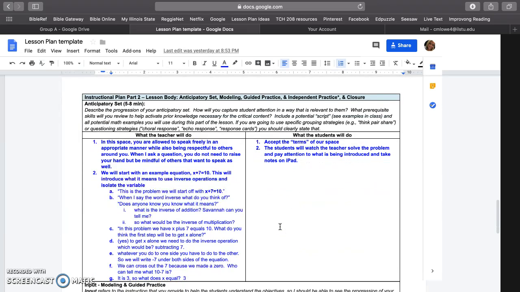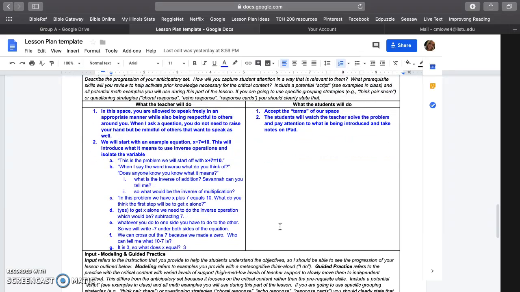So then getting into the actual lesson plan, we've started with what the teacher will do, so the I do part. Our first equation, we wanted to start with a one-step equation, x plus 7 equals 10. We wanted to use a one-step equation so that we could review the inverse operations as well as vocabulary of an equation.